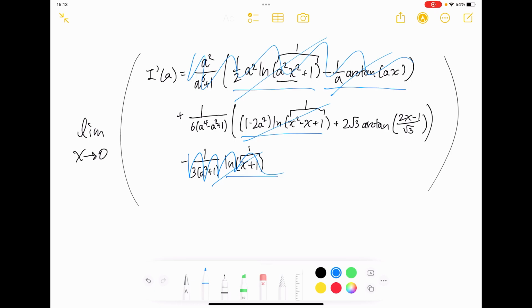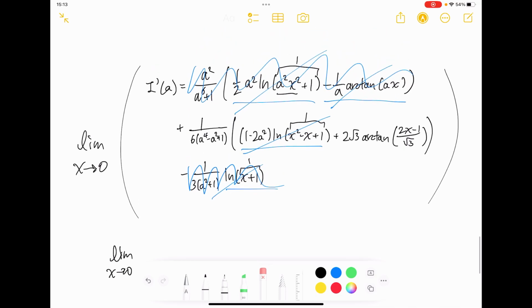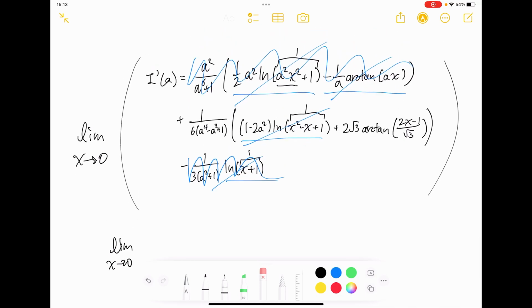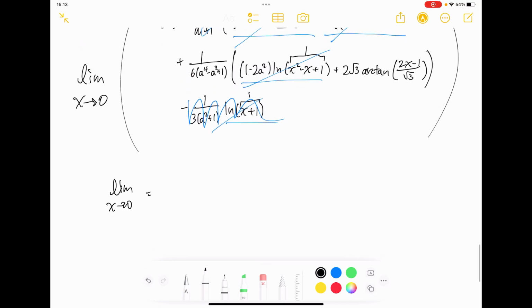That means we're really just left with, let's see, the limit as x goes to 0 of, should we do I prime of a? Nah, because I prime of a isn't this, but it's the thing after we take bounds. So let's just write limit as x goes to 0.